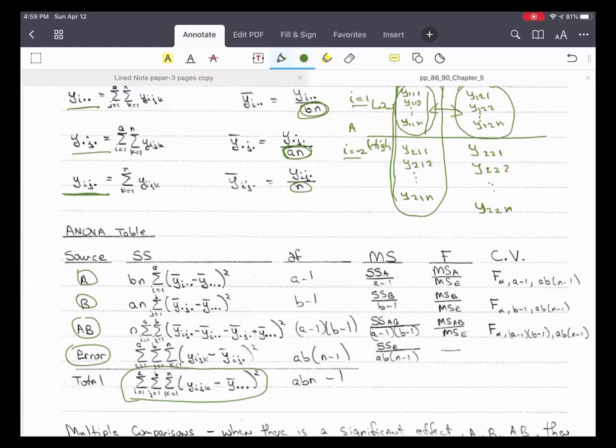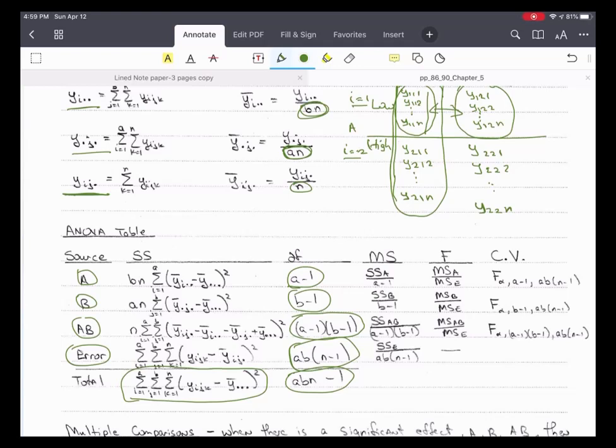The degrees of freedom for A would be a minus 1, of course b minus 1. For the interaction, we show multiplication, and so that is what you do, a minus 1 times b minus 1. And then if you subtract these three quantities from the overall abn minus 1, you'll find the error, which is ab times n minus 1.